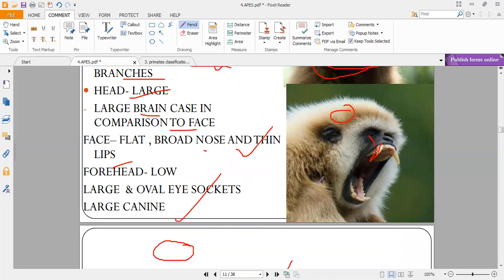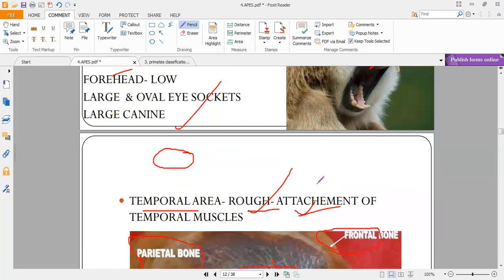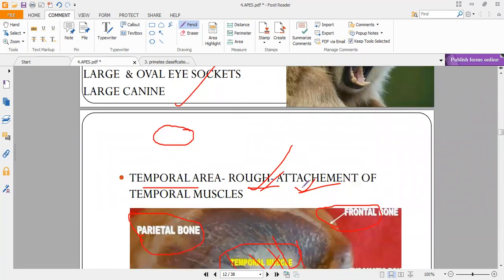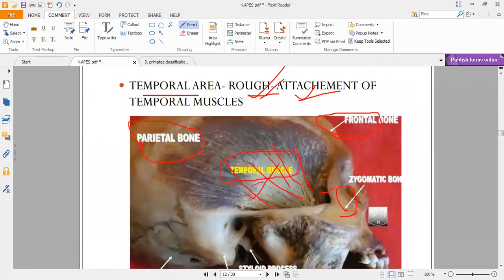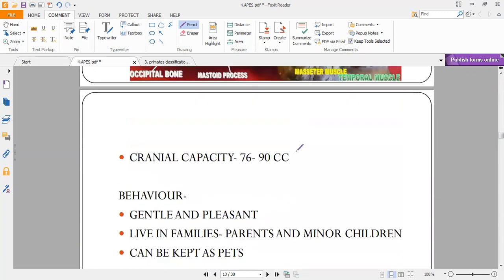The thigh bone is called the femur, and in the back side of the femur there is a very rough area. More rough area means more muscles can attach there. So that is the importance of rough areas in the bones. And here in the temporal area of the skull, we can find a rough area where lots of temporal muscles can get attached.